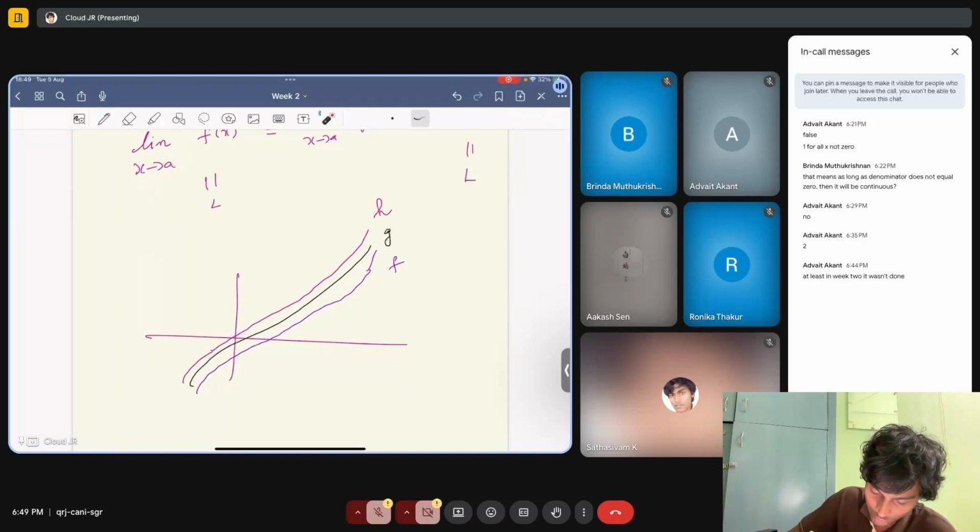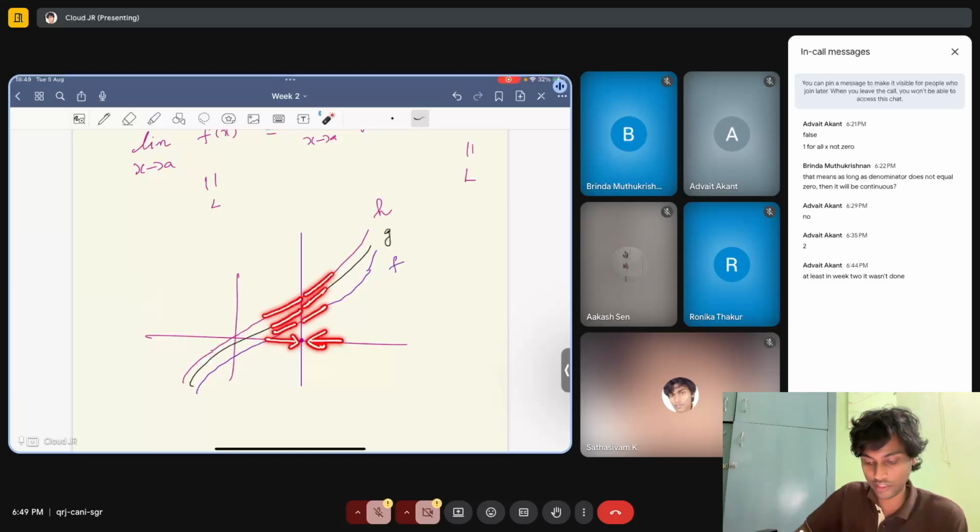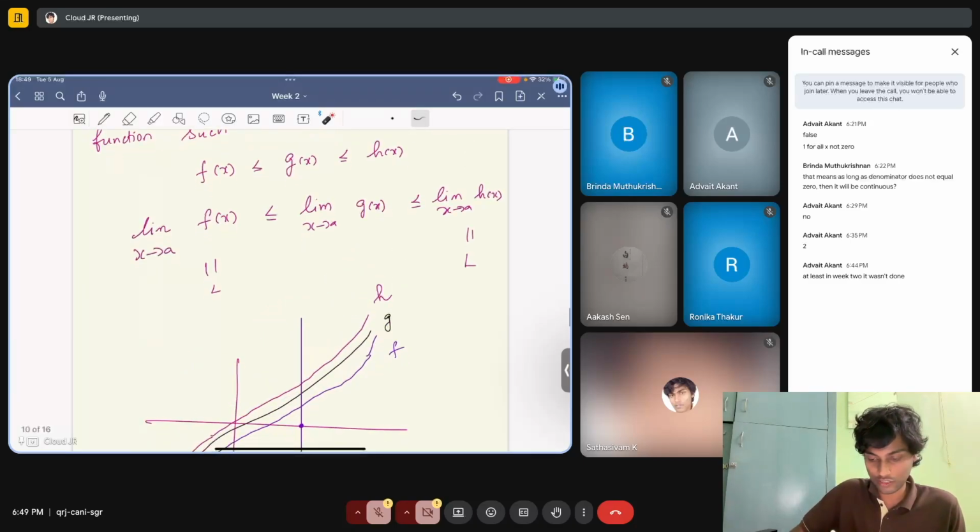So what it tells you is, let's say I'm approaching at this point. Okay, maybe I'll cut it at this point. So let's say I'm approaching this point from this direction. When I'm approaching from both directions, all these points, this g is bounded by this f and h, right? So the limit also has to have the same property, right? So that is basically what it tells you.